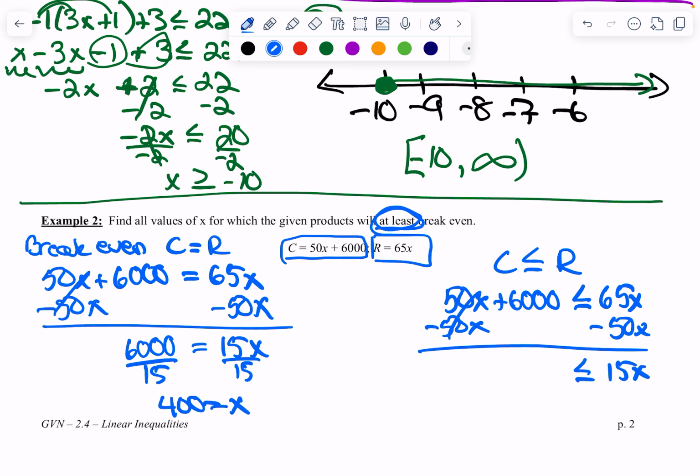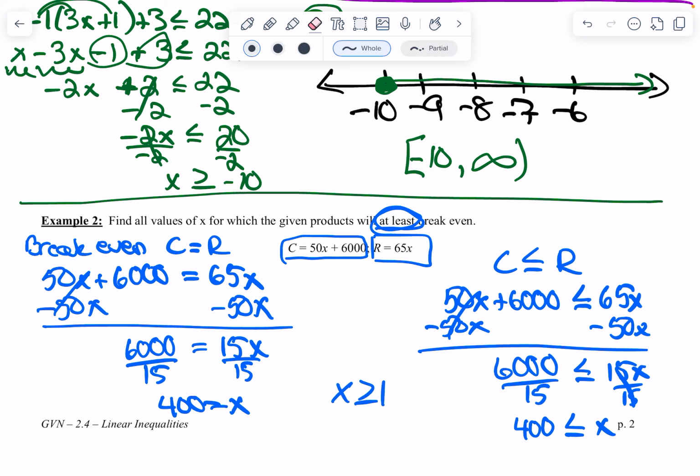We just have to be careful with the inequality sign, which way it is. So if we go through all this, we get 400 is less than or equal to x. So x is greater than or equal to, not 1, 400.